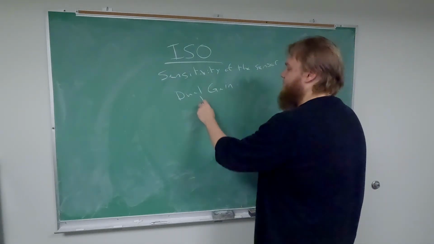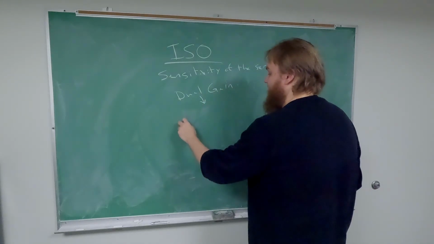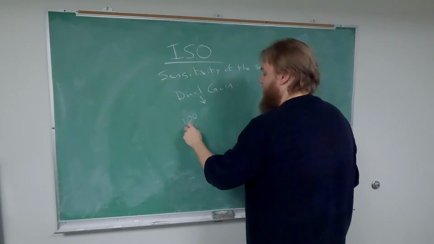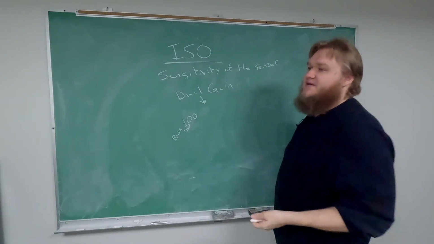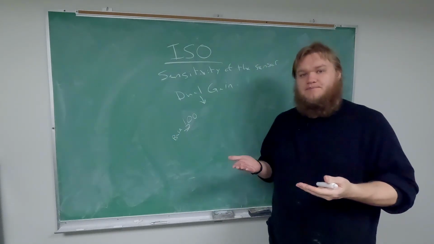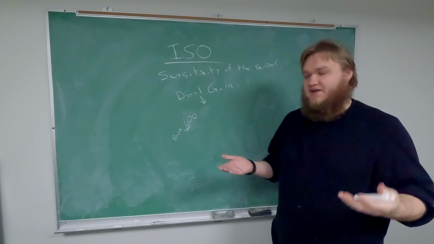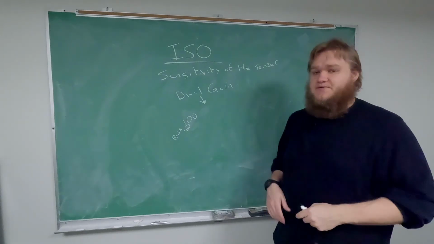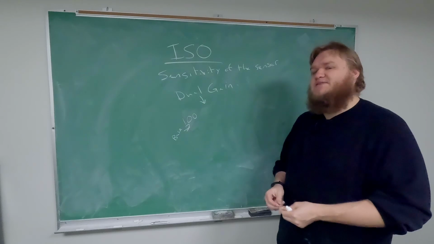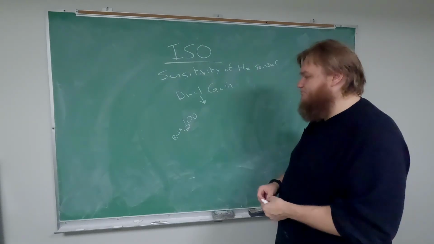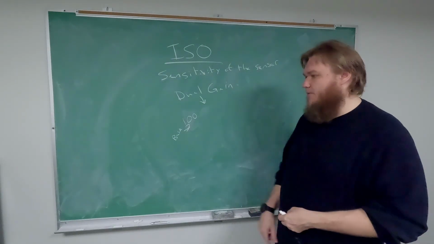What a dual gain sensor will typically have is a base ISO, which is the lowest number that you have on the camera. For example, Canon starts at 100, Nikon starts at 64, if I'm remembering correctly. So we'll go with 100 for our base.